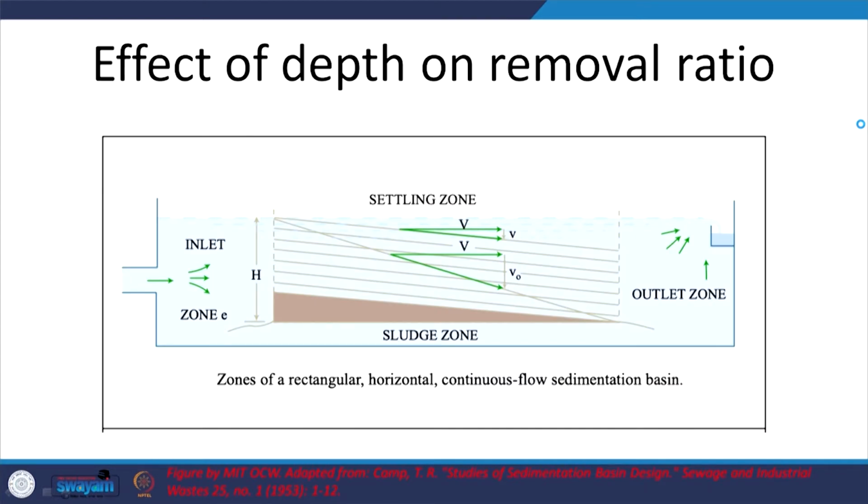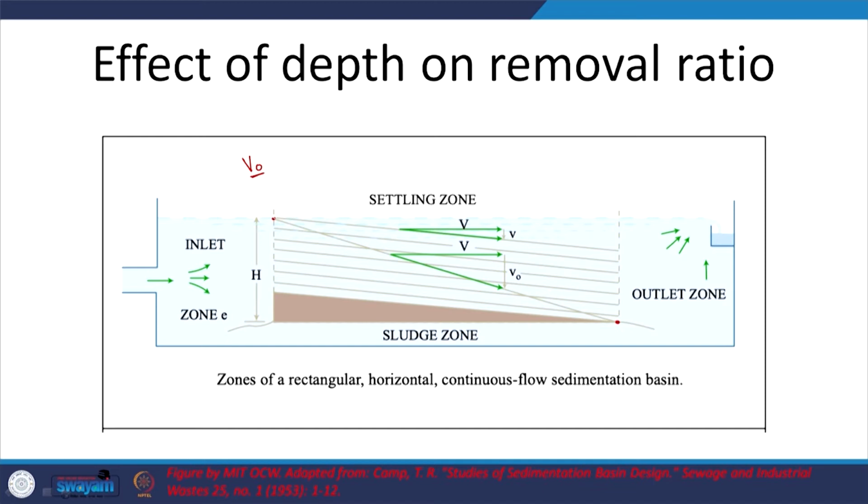We also looked at the effect of depth, so let's understand this figure. We calculated the overflow velocity such that if a particle just comes out at the top and has a settling velocity equal to this overflow velocity, it will just be removed.